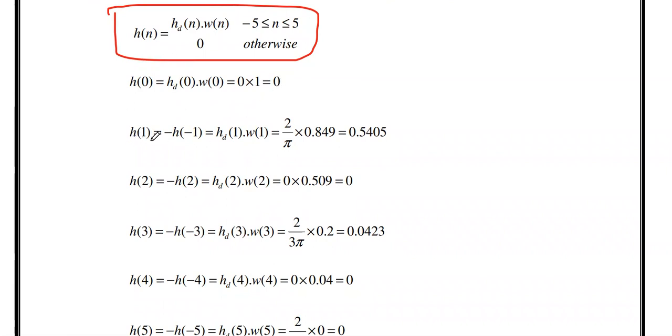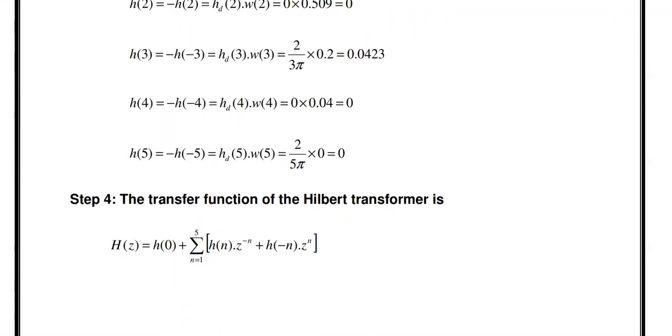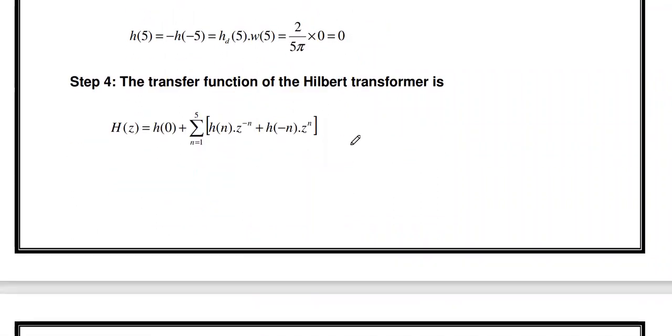Then H of 1 is HD of 1 multiplied with W of 1, so you just multiply, 0.5405. Then H of 2, 0. H of 3, some value. H of 4 is this. And H of 5 value is this.